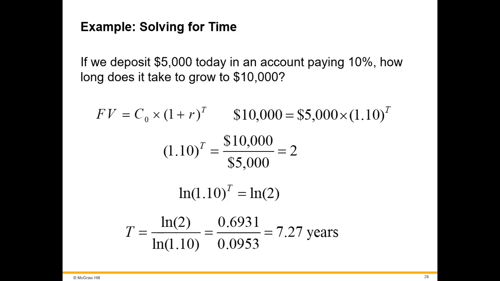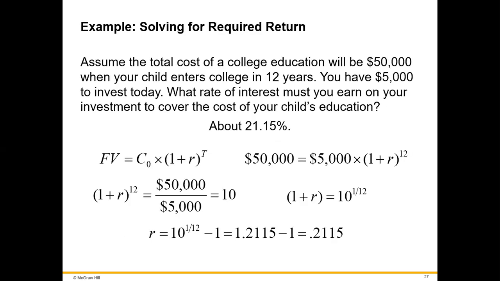We have to take the inverse of 1.10 to the t power, which would be inverse of 1.1, and divide that into the inverse of 2, which, let me just see something. My numbers are a little different. I may not be using the proper, let me see. Oops. Just give me a second.